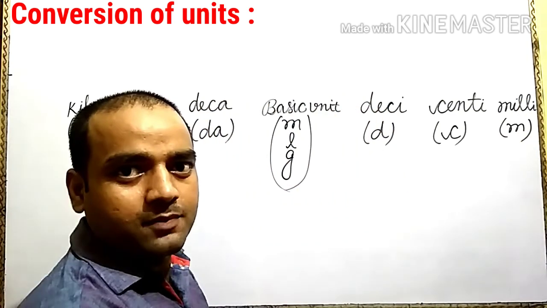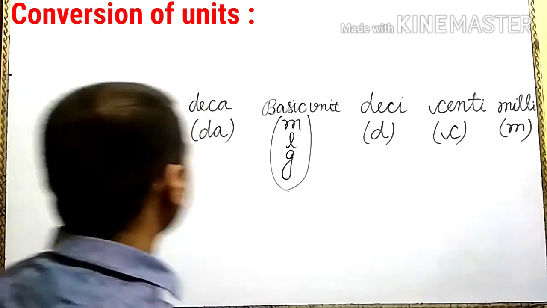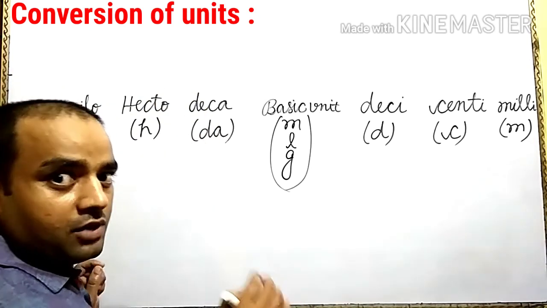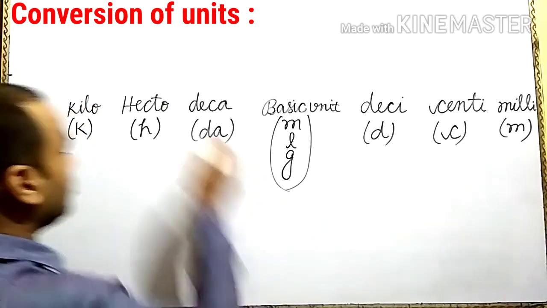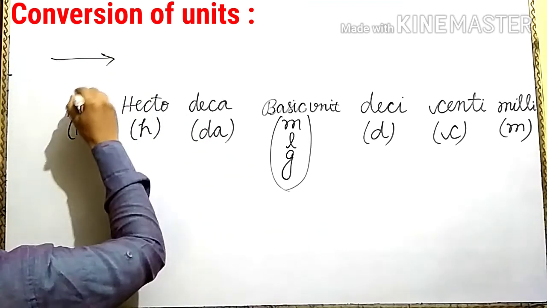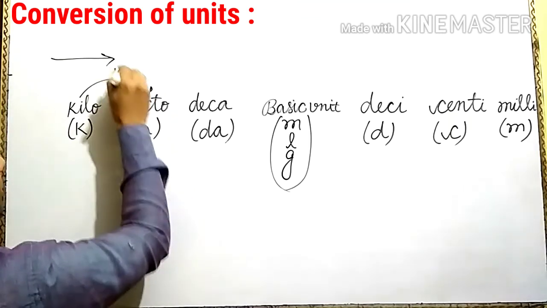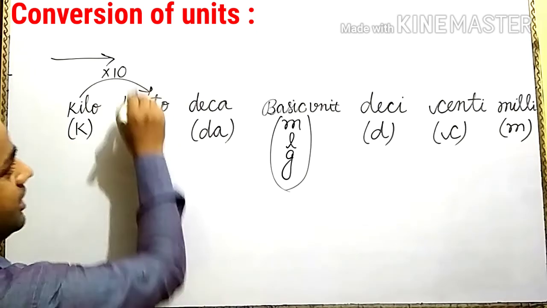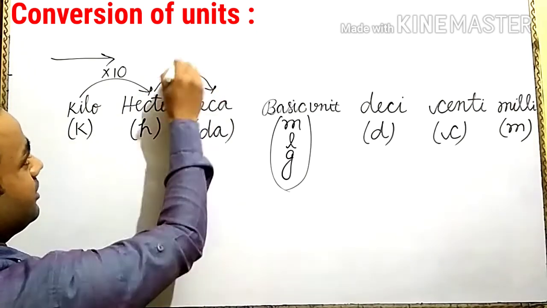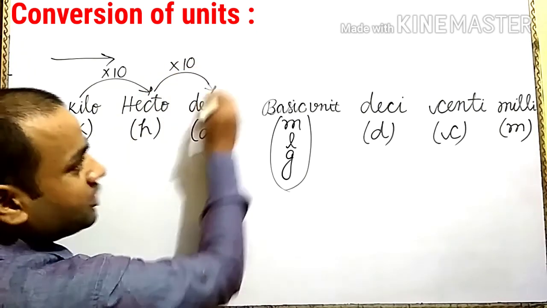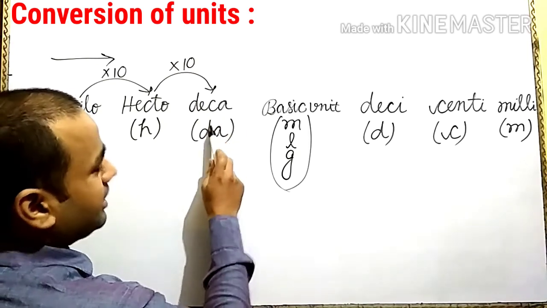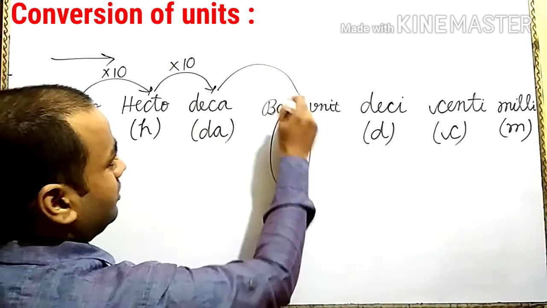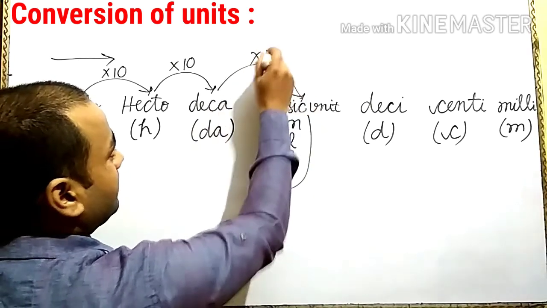Is it clear? Here remember, when we go from left to right, we multiply by 10. Kilo to hecto, we multiply by 10. Again hecto to deca, multiply by 10. Deca to basic unit, meaning meter, liter, gram, we multiply by 10.